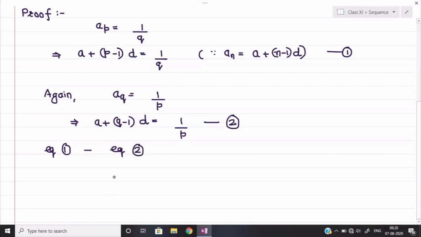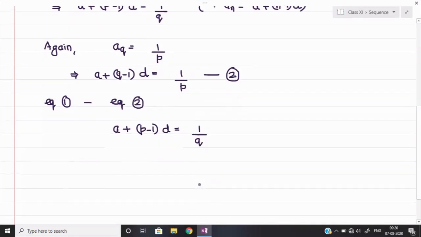So what is my first equation? A plus (P minus 1) into D is equal to 1 upon Q. And what is my second equation?